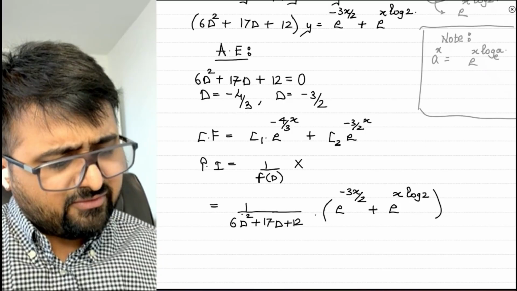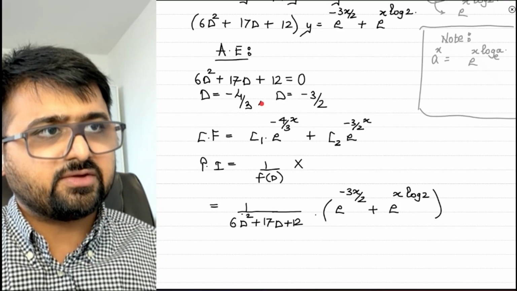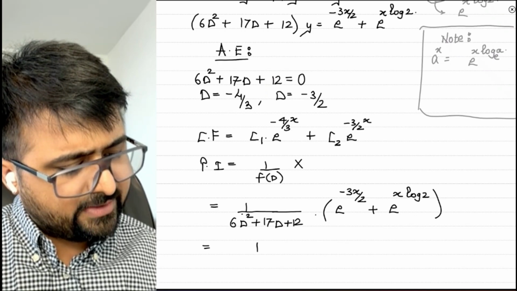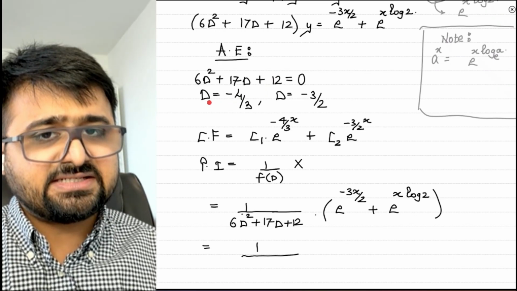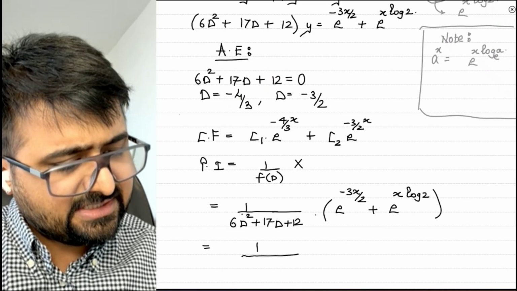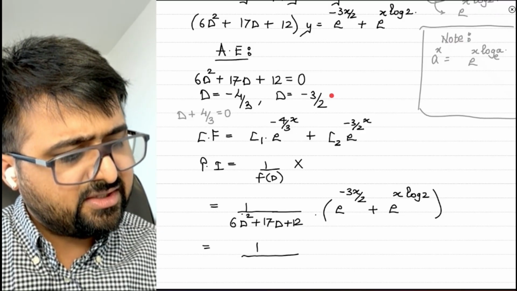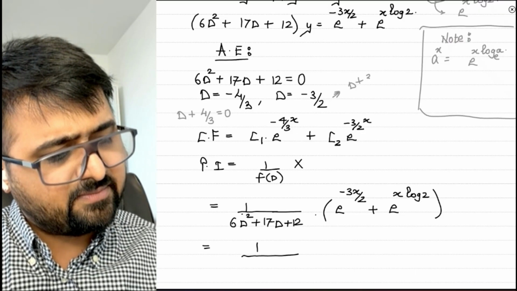Since we already know the roots of that equation, we can write 1 upon, since D is equal to minus 4 by 3, we can say that D plus 4 by 3 is equal to 0. And here we can say D plus 3 by 2 is equal to 0.